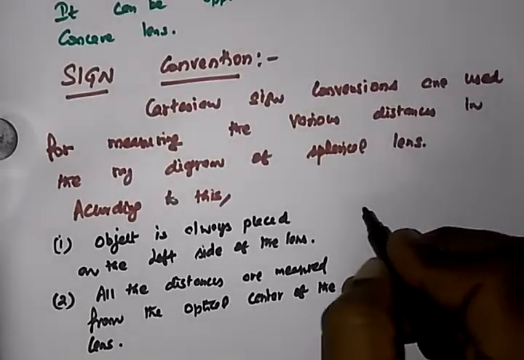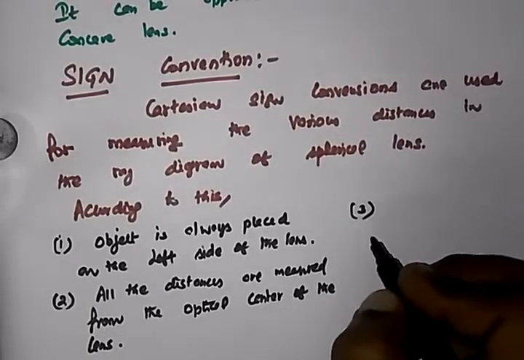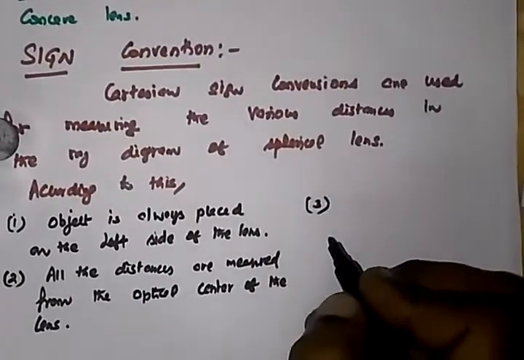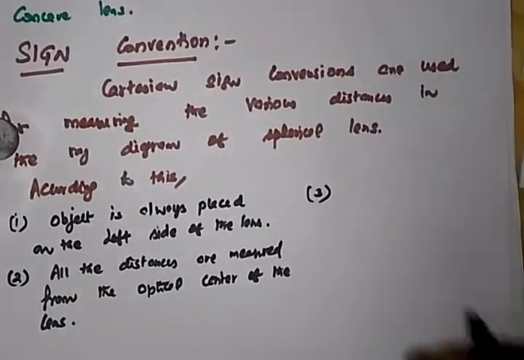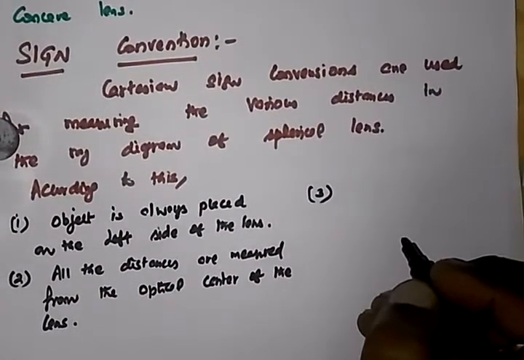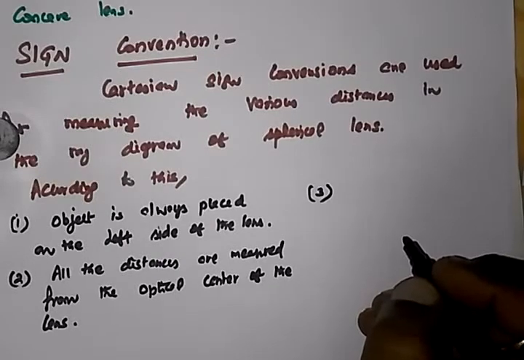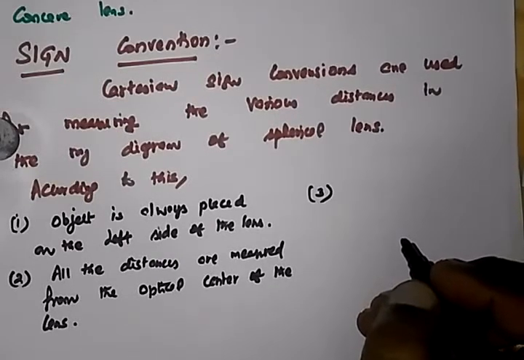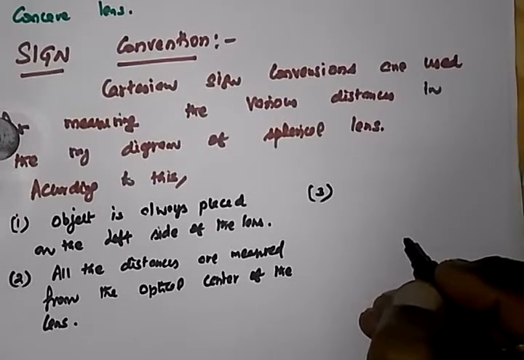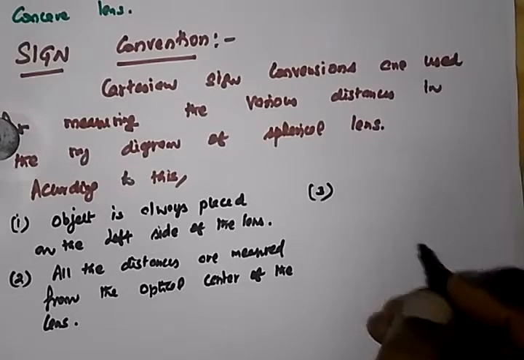Okay, so the third point: the distance measured in the same direction as that of the incident light is taken as positive.